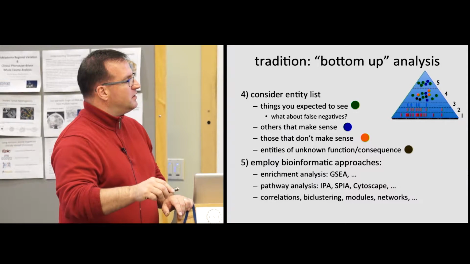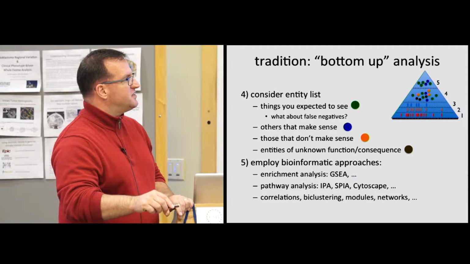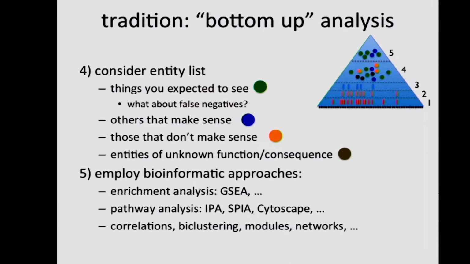Some methods even use the raw data by itself to pull things of completely unknown function together with things that you actually know something about. All right? Because it may be that this protein of unknown function and consequence shows up in your list because it's directly interacting with something that you do know a lot about. And now you do have an angle. Now you have an experiment that you can imagine to go do to test this guy.